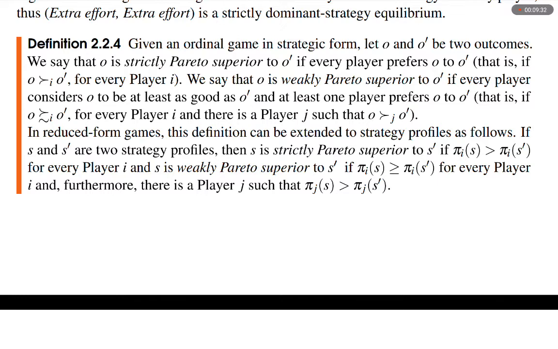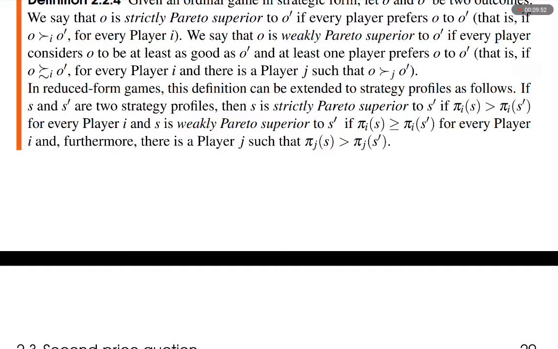We say that O is weakly Pareto superior to O prime if every player considers O to be at least as good as O prime and at least one player prefers O to O prime. That is, if O is better than or just as good as O prime for player i, for every player i, and there is a player j such that O is better than O prime for player j.